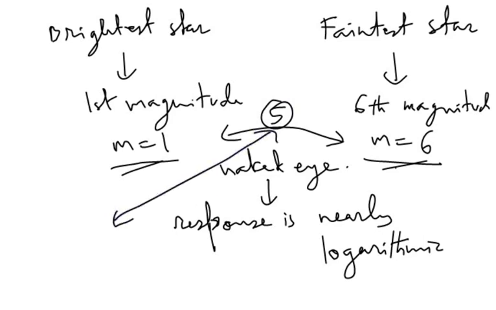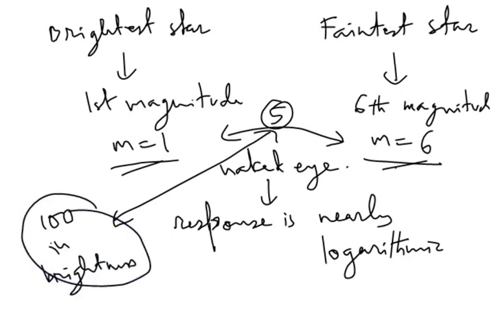This difference of 5 magnitudes corresponds to 100 in brightness. So you see, this is a magnitude difference of 5 and this is an observed brightness difference of 100.